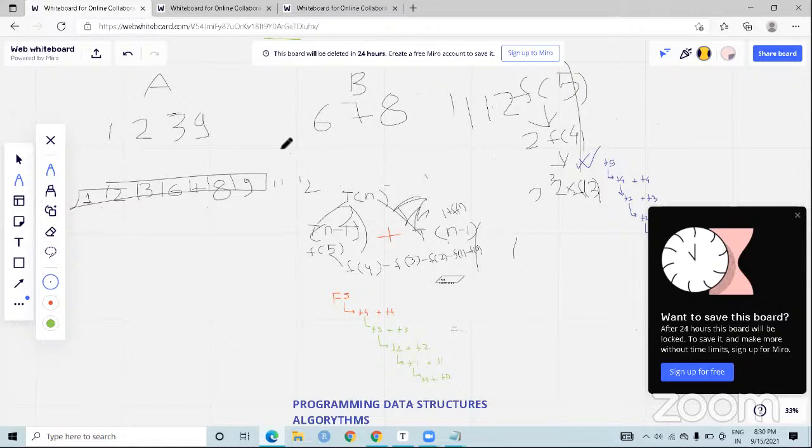We have a nested for loop. Okay, so one is i equal to 1 to n square, and the second one is j equal to 1 to n in the nested for loop, right? So why are we not taking order of n square instead of order of n cube? So you got it?